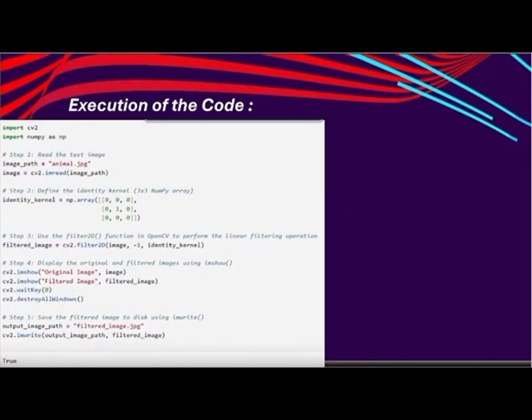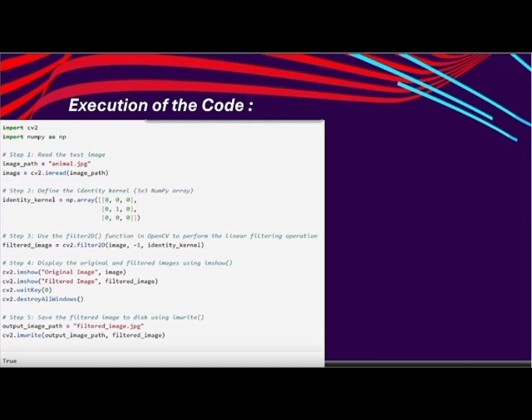Okay, now let us see the execution of the code. First of all, we need to import the necessary libraries like cv2 and NumPy. Here, cv2 is used for image processing and NumPy is used to handle the arrays. Now we need to read the test image.